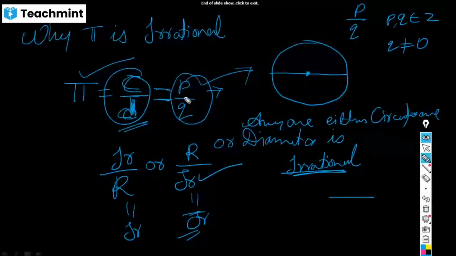When we have an operation between a rational and an irrational, the result is what? Irrational. So this is the reason why we say that pi is irrational.